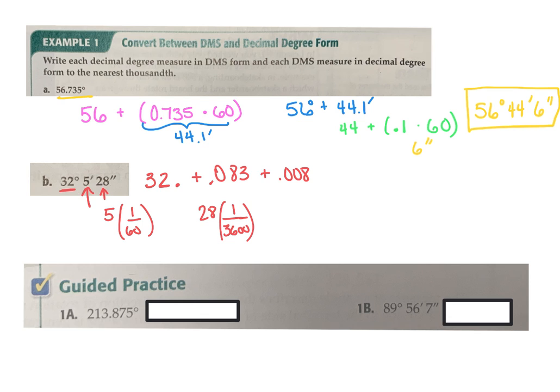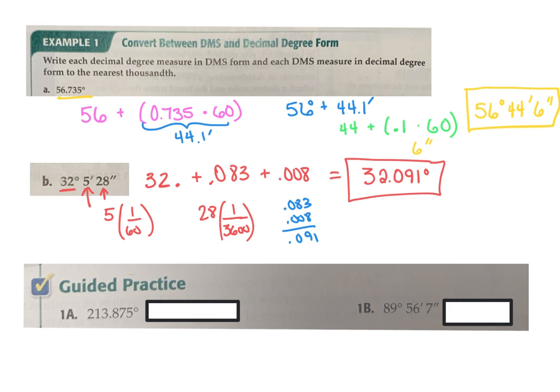0.008. So I need to add those up. 32 plus 0.083 plus 0.008. So when I convert this to decimals, it's going to be 32.091 degrees, because I have to line up my decimals. 0.083 plus 0.008 is going to be 0.091.